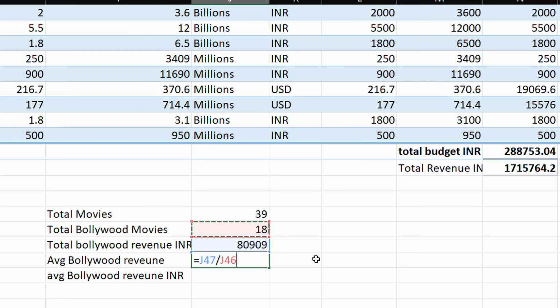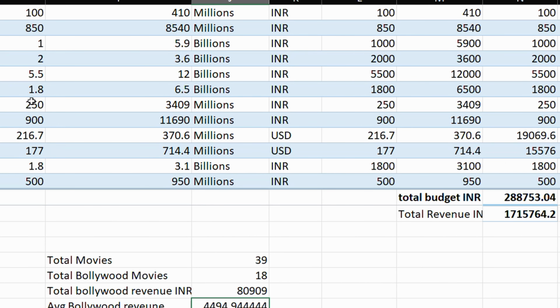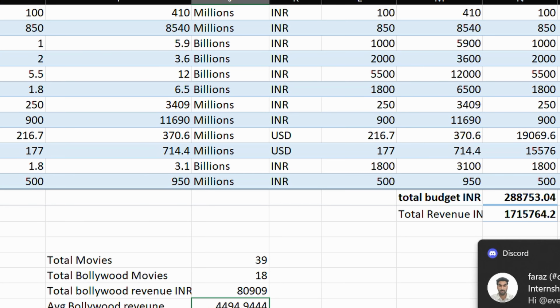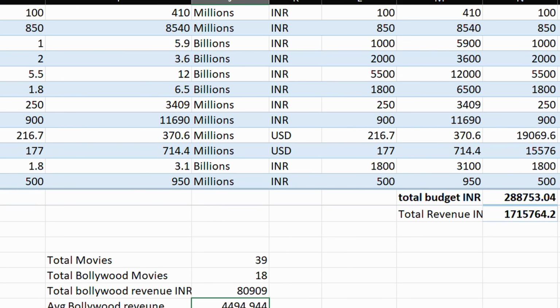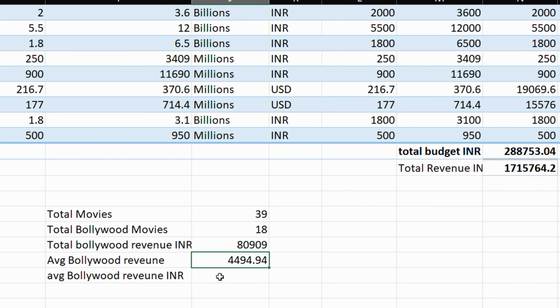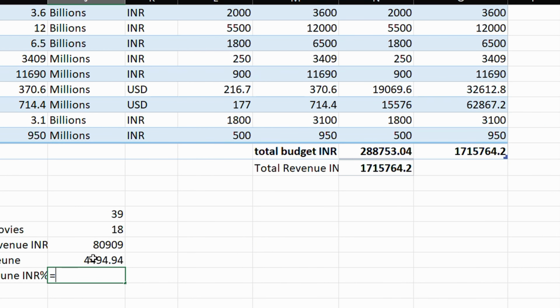So if you press enter, you will get this much average. This much is the average Bollywood revenue, the average Bollywood revenue in INR. Then what we can write? Total Bollywood revenue.